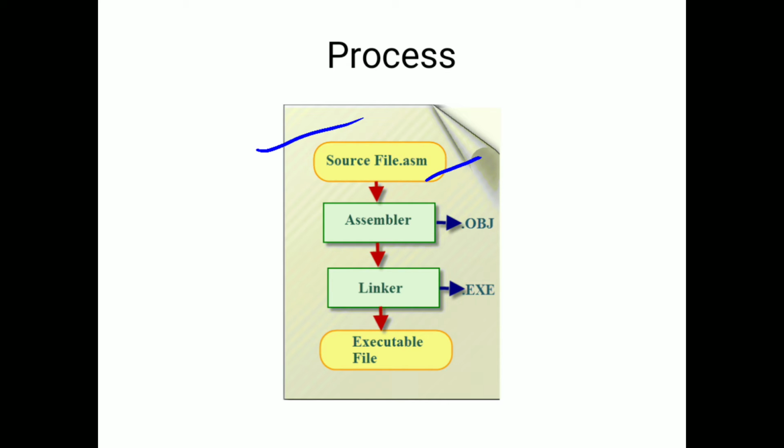Then this file is fed to the assembler, which takes the .asm file as input and produces an object file. That object file is fed to the linker, and the linker produces the executable file, with the .exe extension. So in assembly language programming, the assembly file is first converted into an object file using an assembler, then into an executable file through a linker, and then it is uploaded in the microcontroller.